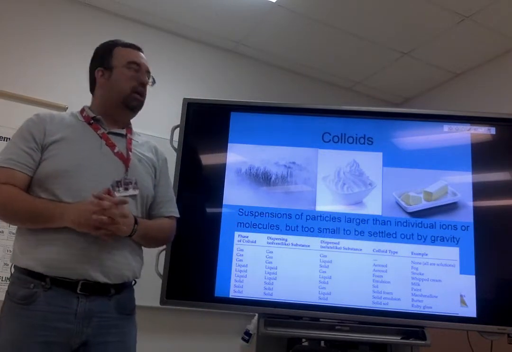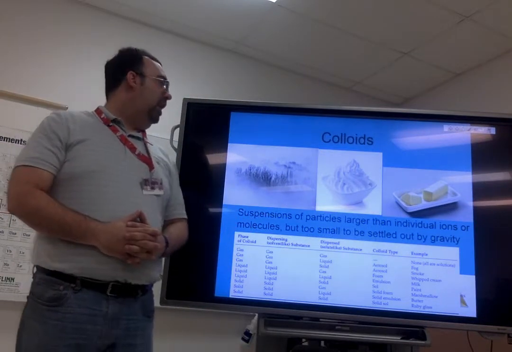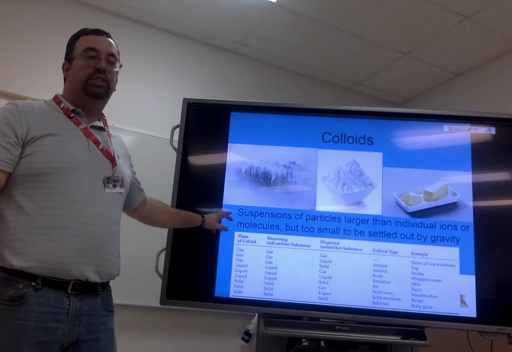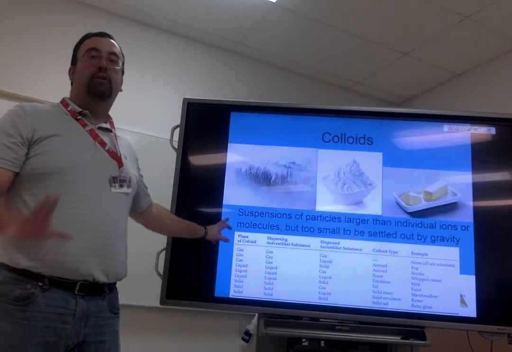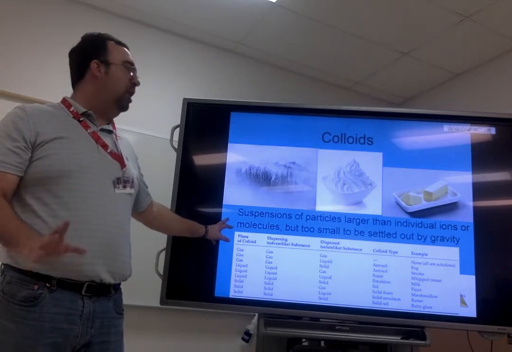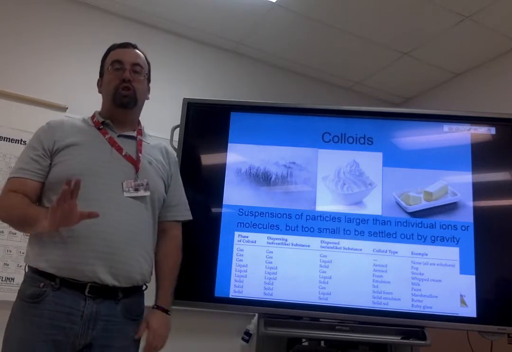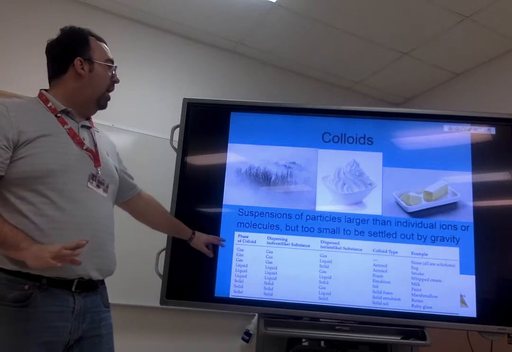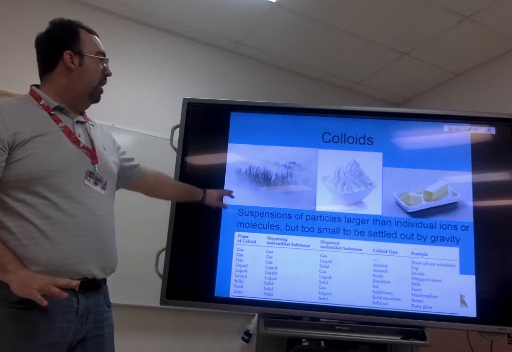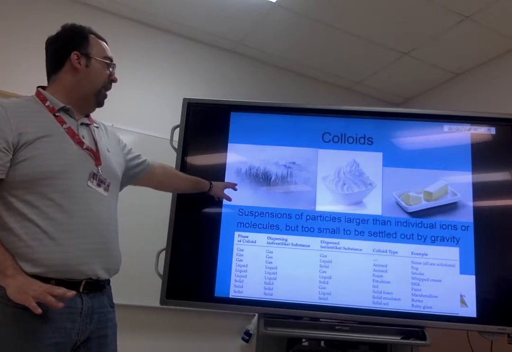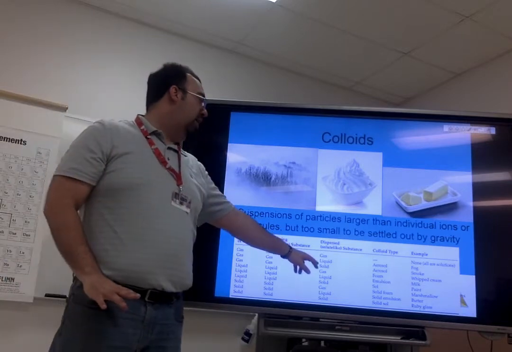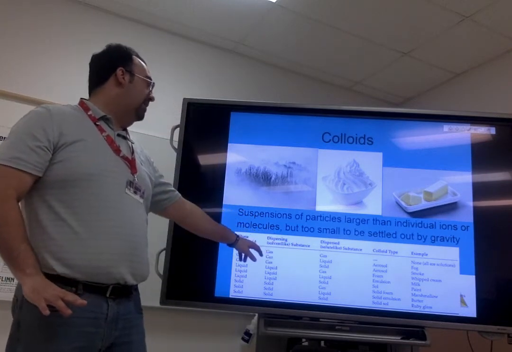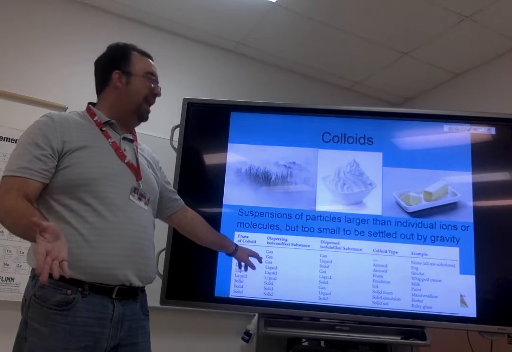We can also talk a little bit about colloids. These are suspensions of particles that are typically larger than individual ions or molecules, but they're too small to be settled out by gravity. And so we have, for example, fog, which is when you have a liquid dispersed in the atmosphere, which is made up of gases.